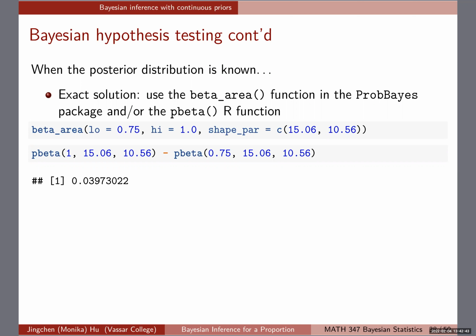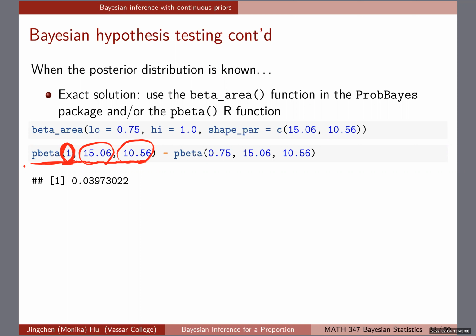Okay, so the pbeta function takes three inputs. Here you can see that the last two are the shape parameters of the posterior beta that we're working with. The first input for pbeta, you can think of it as you input the percentile, and then it gives you the probability, or I should say the CDF up to that point.